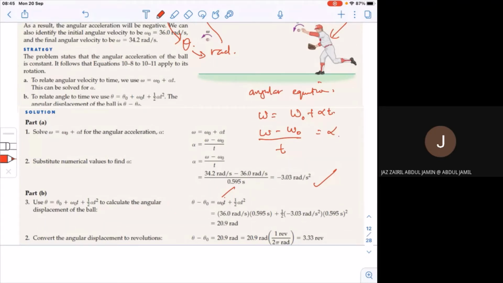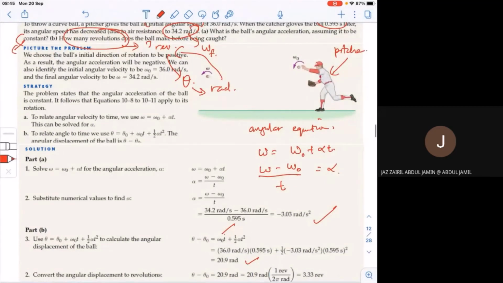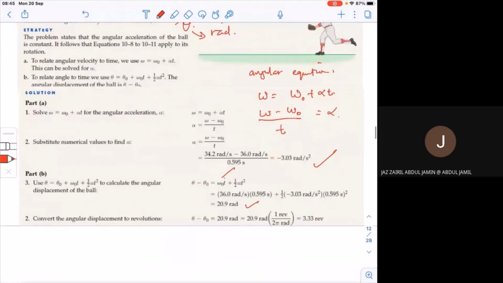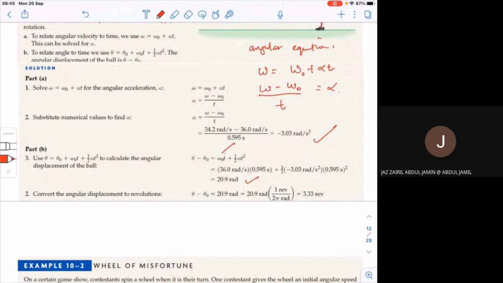From here you can get 20.9 radian. But the question asks how many revolutions, so you need to convert from radian to revolutions. 20.9 radian converts to 3.33 revolutions. So that is your last answer.